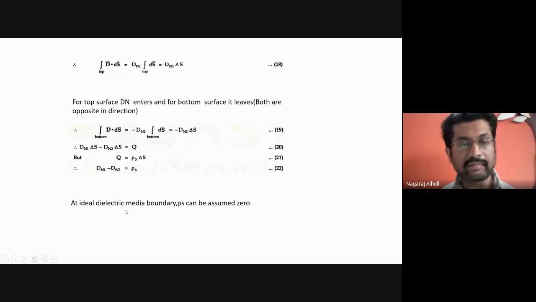That means at the dielectric media, if the dielectric media is considered ideal, for an ideal dielectric media there will be no free charges. All are bound charges. If you consider an ideal dielectric media, a perfect insulator, then there will be no free carriers, and hence current cannot pass through these media. Only when we apply electrical energy can conduction take place.